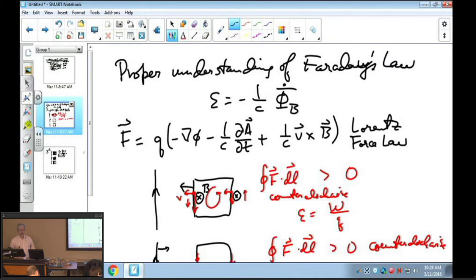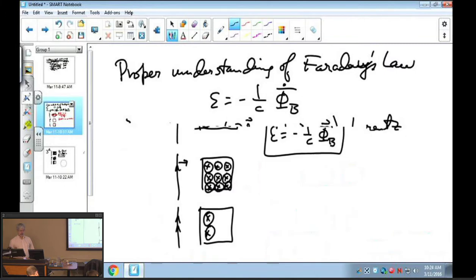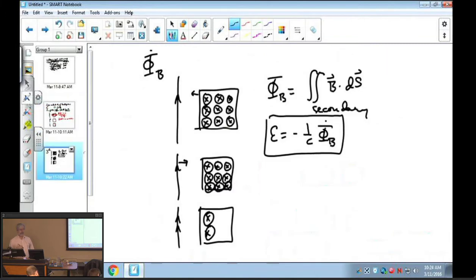Faraday's law is less clear because it combines two effects, right? The two causes are combined here, and so it looks at the effect without looking at the cause.